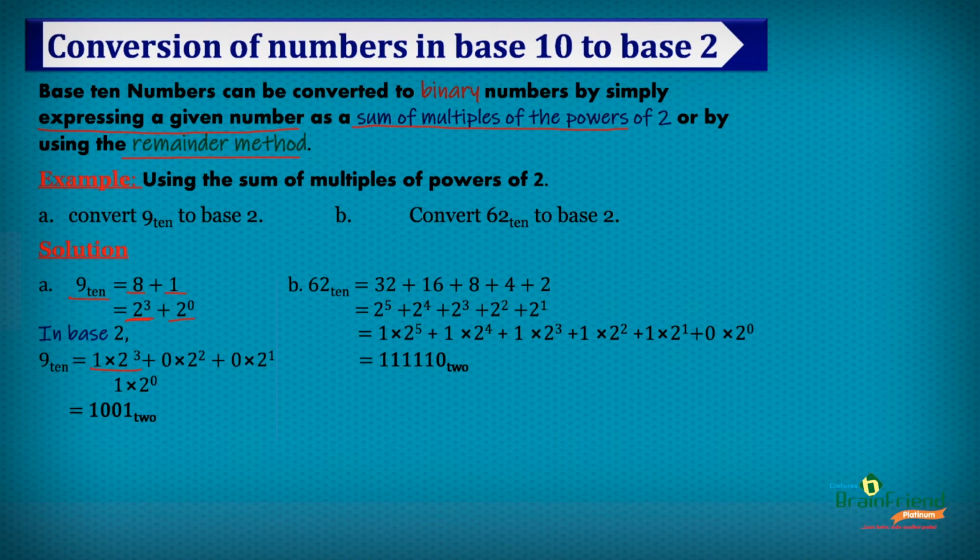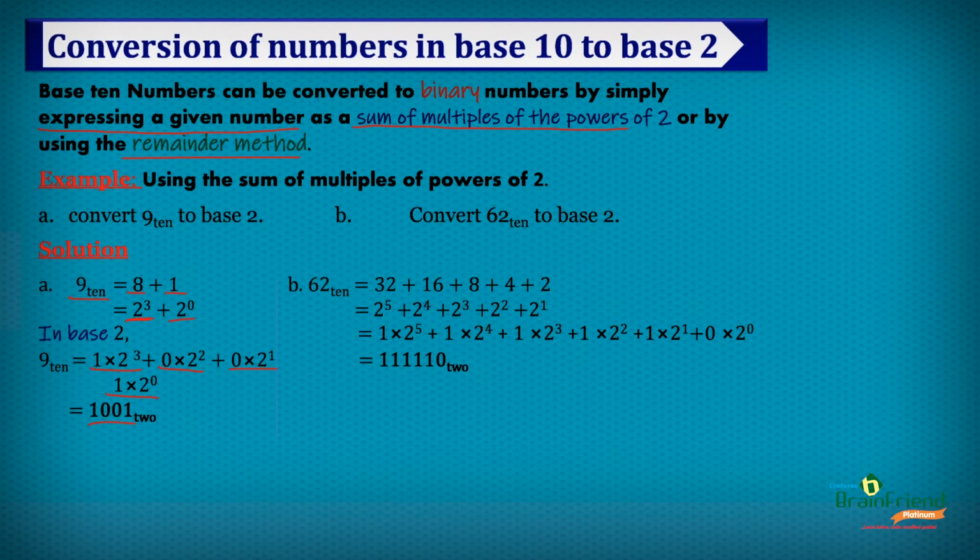Since we don't have 2 raised to power 2, we will sum 0 multiplied by 2 raised to power 2 and 0 multiplied by 2 raised to power 1. And lastly, we have 2 raised to power 0, so we have 1 multiplied by 2 raised to power 0. Now, this number in binary is equivalent to 1001 base 2. So 9 in base 10 is equal to 1001 base 2.